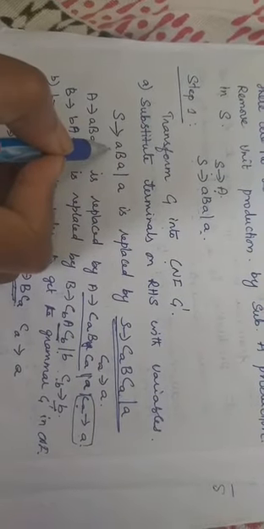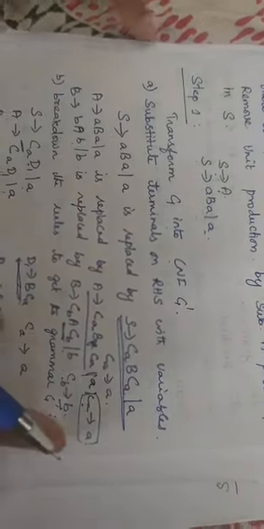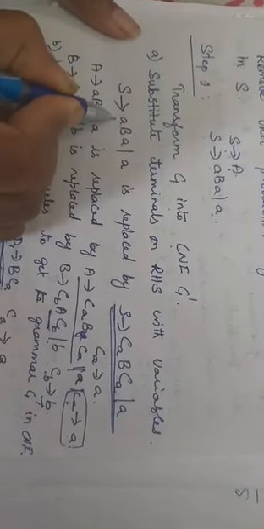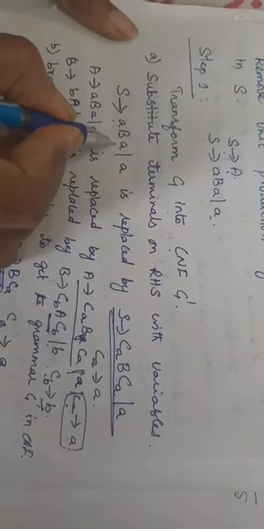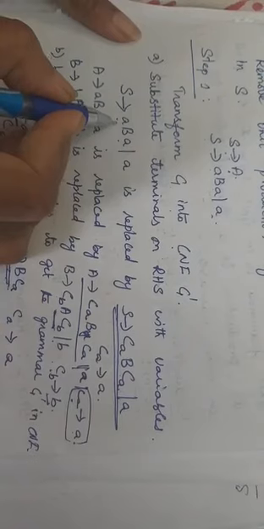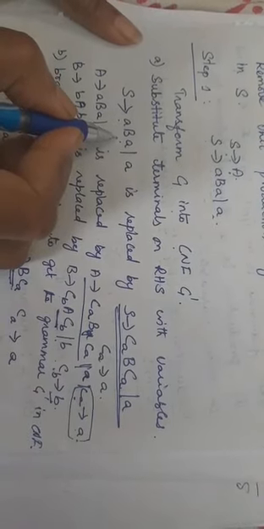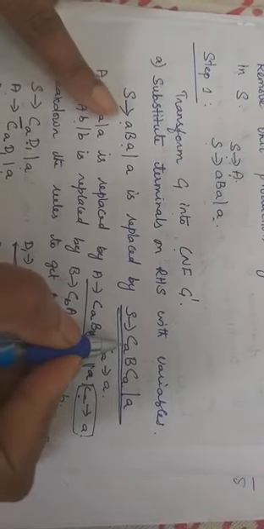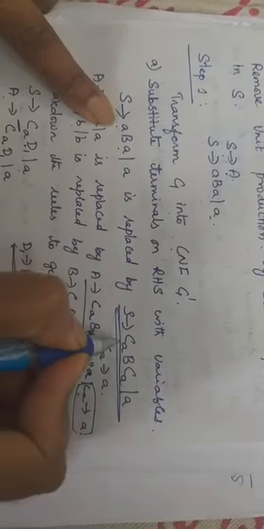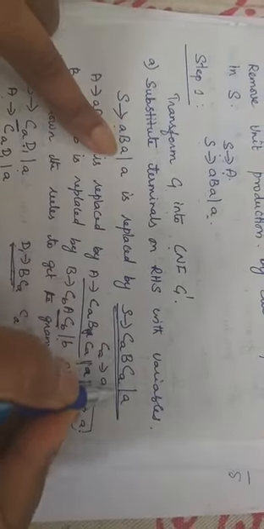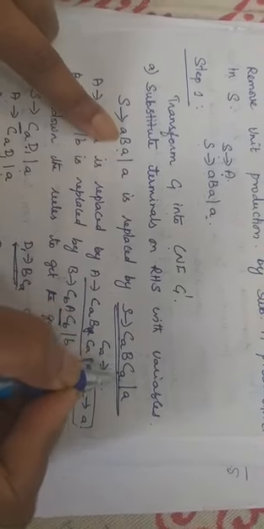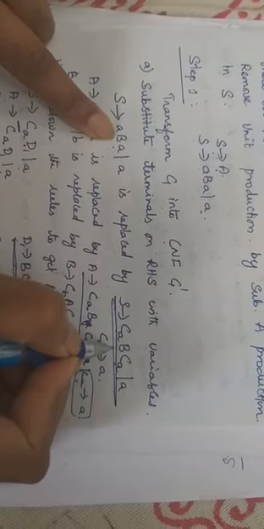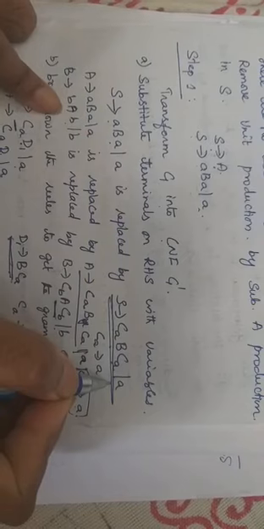Now a is a terminal symbol, and this a also is a terminal symbol. These terminal symbols have to be replaced with a variable. I am replacing this a as Ca. B I am writing as it is and A I am writing like that.